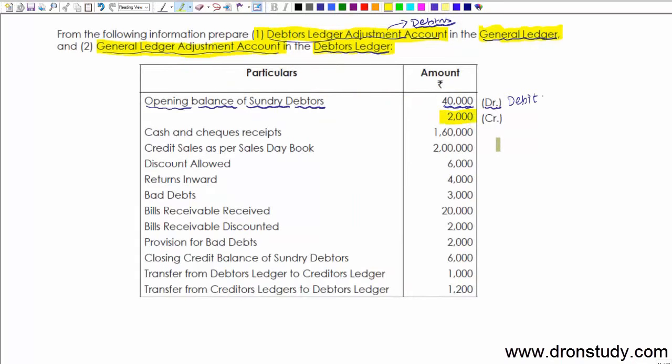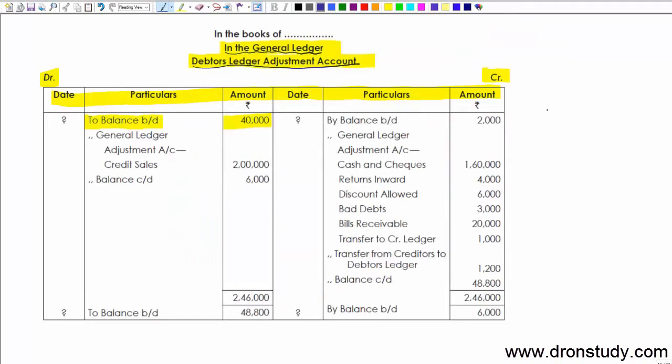This could probably indicate some advances received from the customer. So if 40,000 carrying debit balance is appearing on debit side, then this 2,000 with credit should appear on credit side. It means your debtors ledger adjustment account will have opening balance on credit side by balance brought down 2,000.